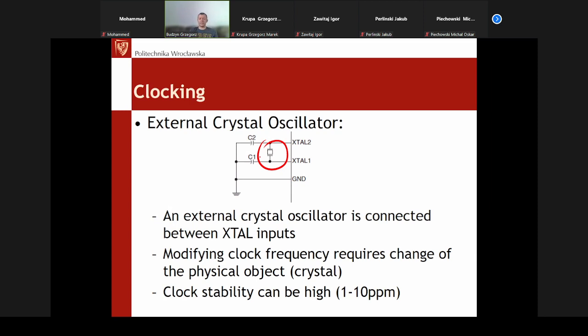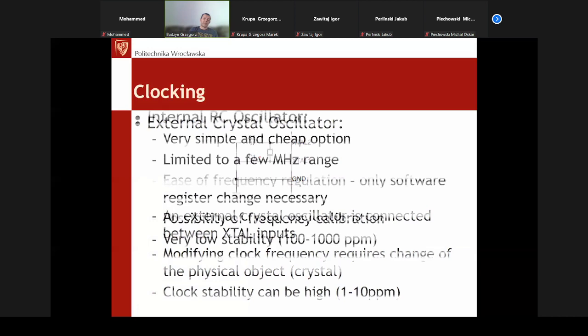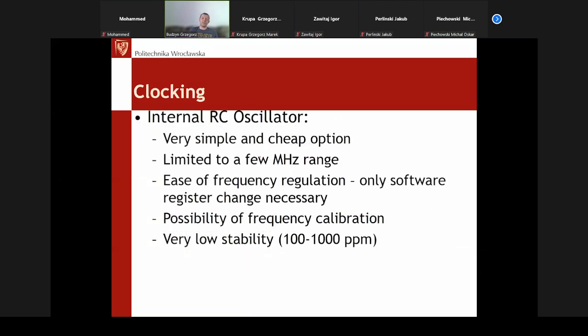So basically, this crystal oscillator is useful today in a limited number of cases, basically only when you need 8 or 16 or 24 megahertz, nothing else. More and more useful today are the internal RC oscillators. They used to be limited to a few megahertz, but that's not true today.